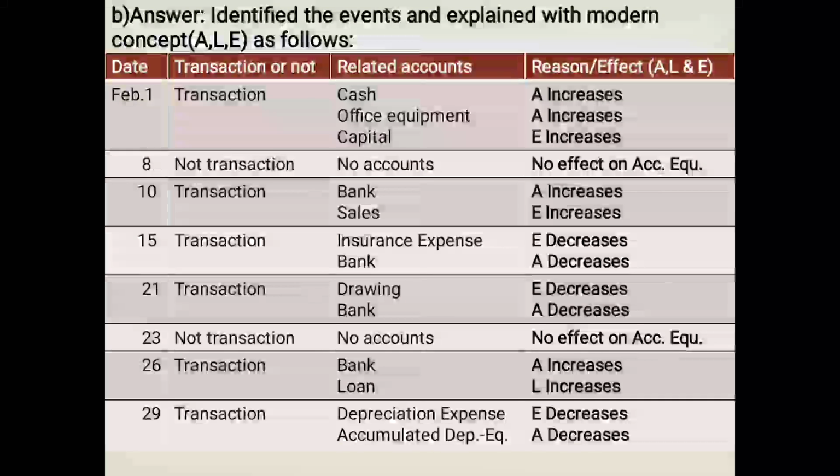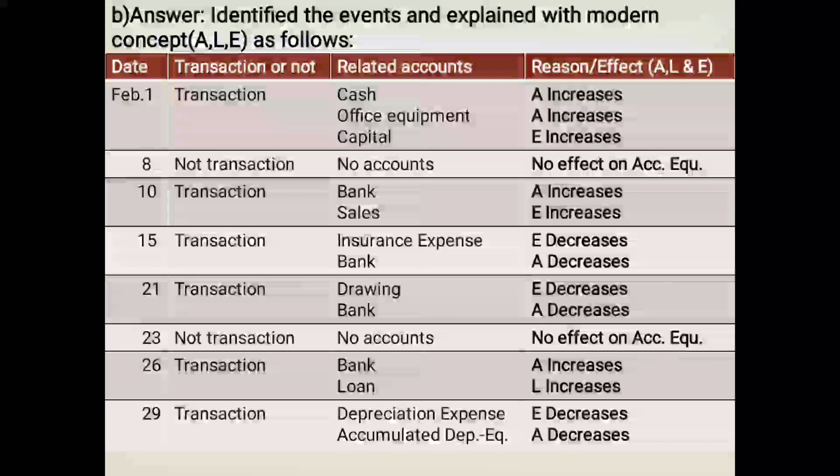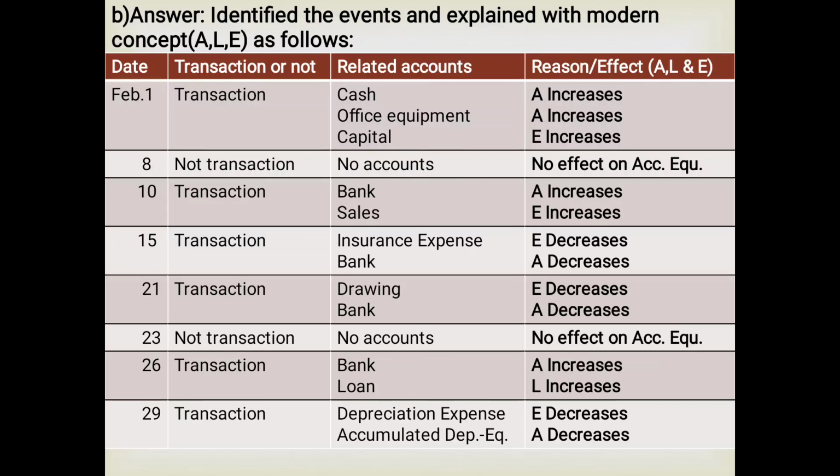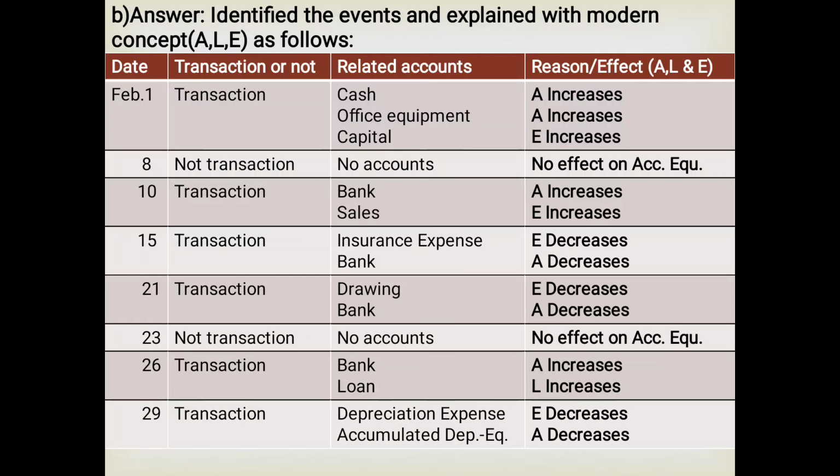February 26, this event is a transaction. It's related to accounts: bank and loan. For bank balance increasing, for loan taking, that is A increases, that is asset increases. And the loan taken from another source or bank, so loan is one kind of liability, it has to be paid in the future after a certain period.